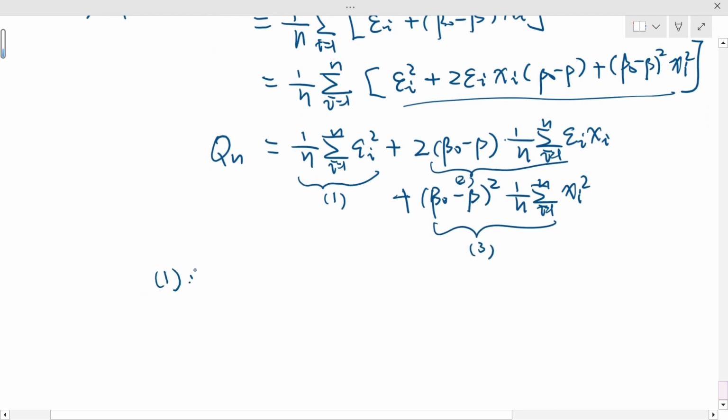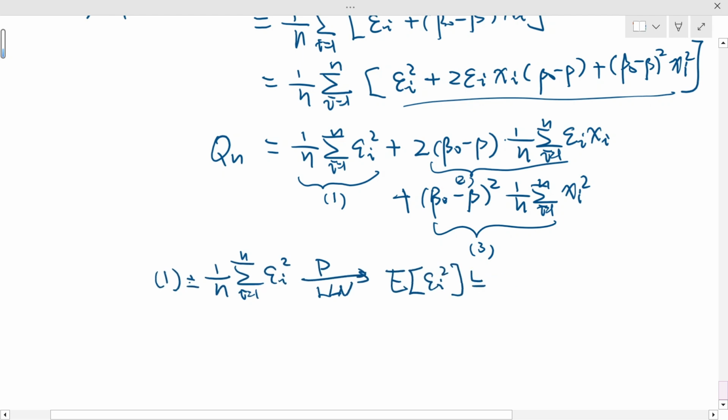Term 1, which is 1 over n times the sum of epsilon i squared, converges in probability by the weak law of large numbers to its mean, which by assumption is sigma squared. Sigma squared is a constant. It's not stochastic.